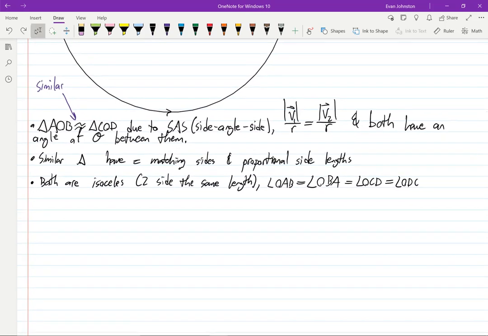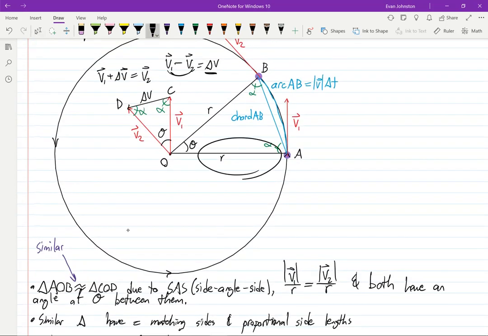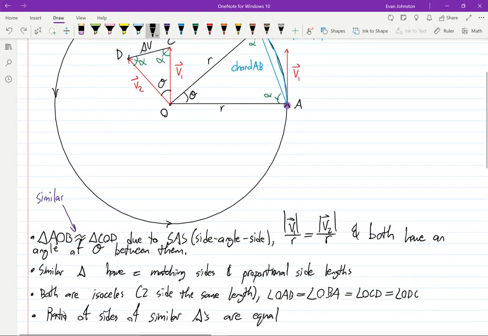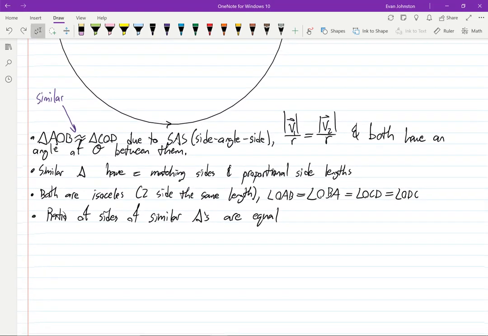So we can write that the ratio of the sides of similar triangles are equal. All that means is if I took this side and divided it by this side, I'd get the same ratio as this side and this side divided. The matching sides have the same ratios.